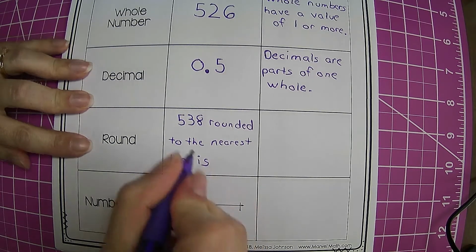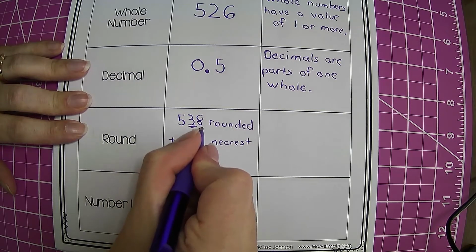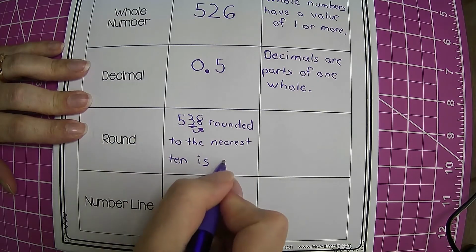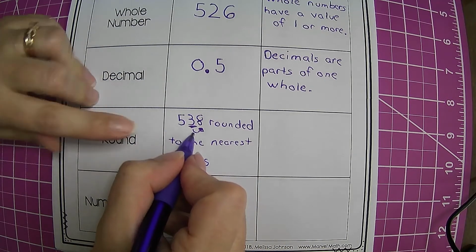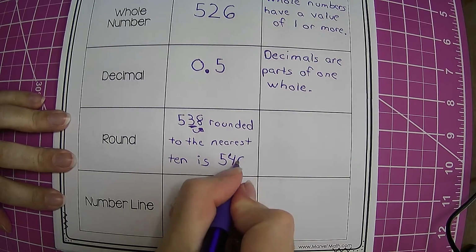I'm going to look at my tens place, look at the neighbor. 8 is greater than 5, so my 3 becomes a 4, so 540.